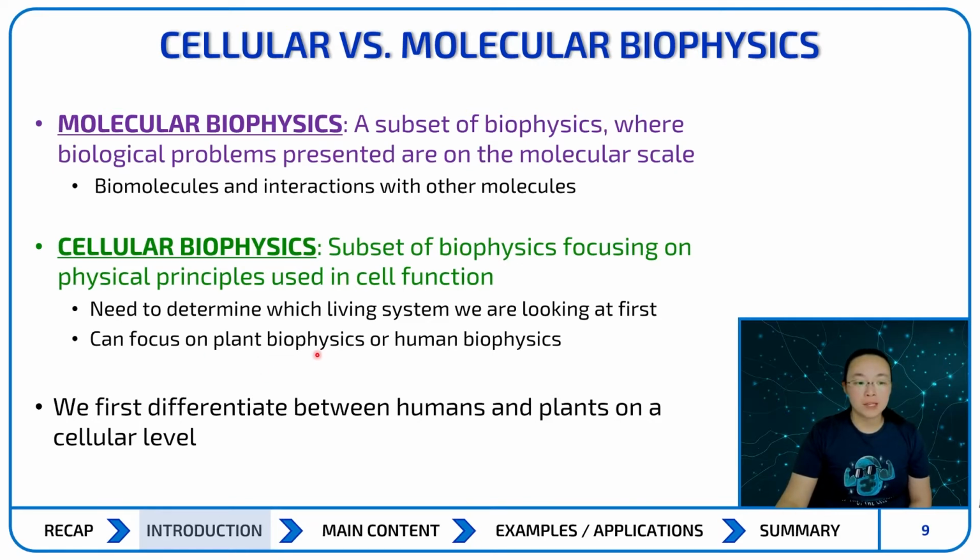You can focus on plants, you can focus on humans, you can focus on animals. But the main thing is we first need to be able to differentiate between plants and animals. Even for us, we can just consider ourselves animals as well. So being able to differentiate between humans and plants on a cellular level is a first step to being able to understand the differences between the two on a molecular level.